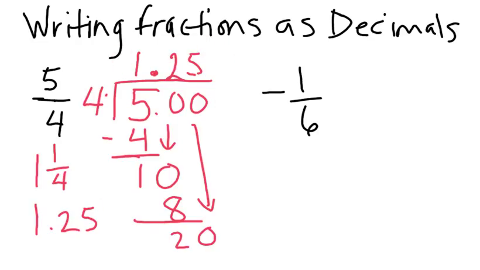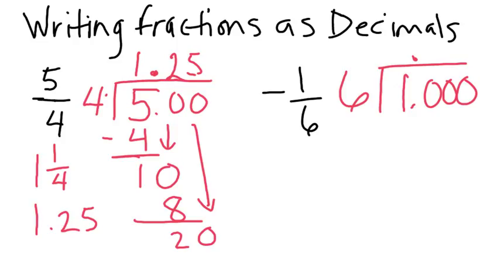Okay, same thing with the next one. I can put 1 in the box. I'm not going to worry about the negative number because I already know the answer is going to be negative. It's a negative fraction, it's going to be a negative decimal. So I'm just going to put 1 in the box, top number in the box, put 6 outside, put some zeros, I never know how many, and start dividing. 6 goes into 10 one time. That's 6. Okay. 6 goes into 40 6 times.